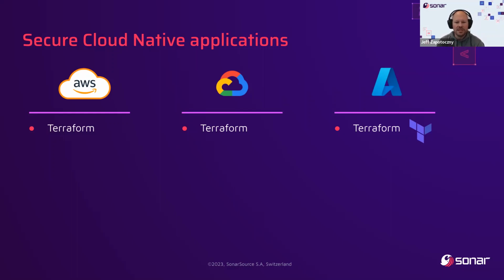So if you're using Terraform to get your applications deployed, we can scan those files now and check them for things like, in the case of Amazon, proper use of S3 buckets, proper use of encryption, both at rest and in transit, as well as appropriate use of permissions and other security details, as well as secrets detection across each of these cloud platforms. Specific to Amazon, we've also done the equivalent for CloudFormation.